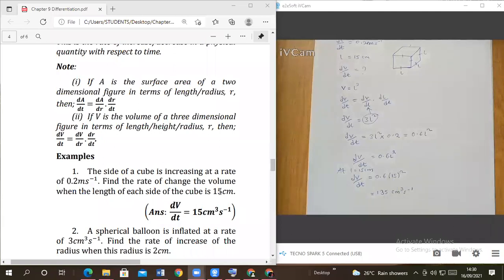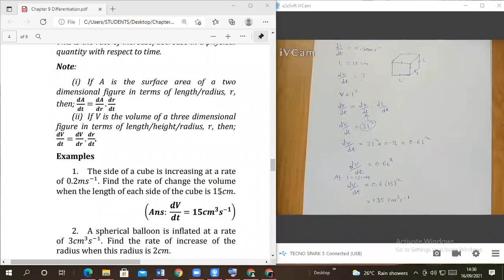That's why in the question I have 15, because that answer was obtained using a 5. Here the correct answer is 135 when you use 15 as the length at that time t. So that is the rate at which the volume is changing with time at the time when the length is 15 centimeters.